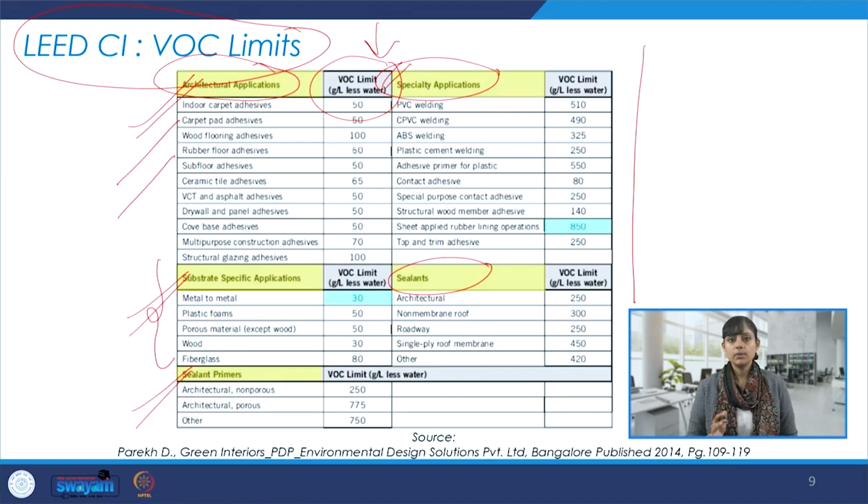And we could come across values as low as 30 for the case of metal to metal substrate specific applications. It could also be up to 850 for specialty applications such as the sheet applied rubber lining operations. So these are some of the handy references, and they are very useful when we have to keep a check on the VOC limits.